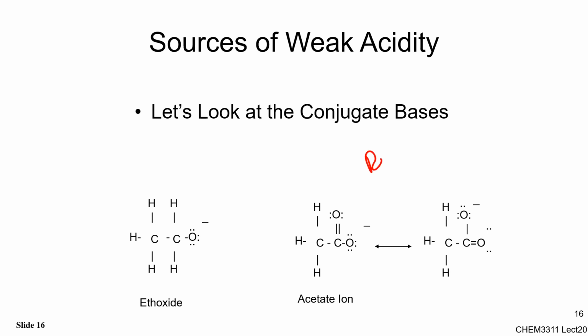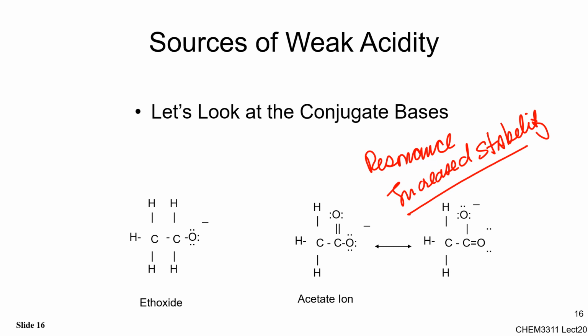We have resonance, and that means increased stability. If the conjugate base is stabilized, then it's more likely to form. That makes the acid more likely to donate its proton.